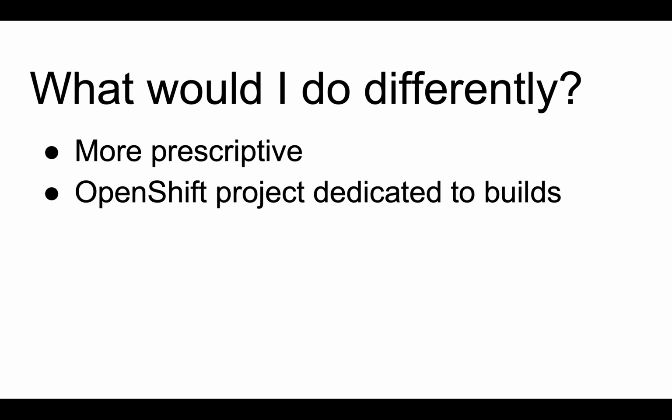So I had those build/dev environments. I probably would have had a project dedicated just to builds, a place to house the image builds and do builds only, and not builds and deployments for the development environments.